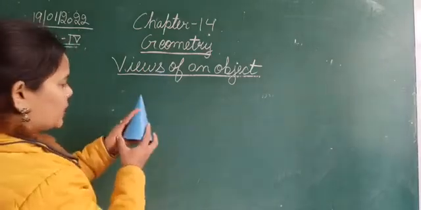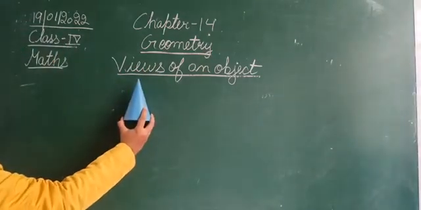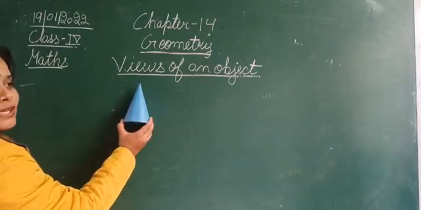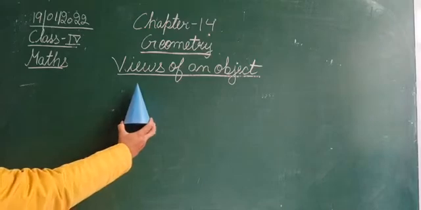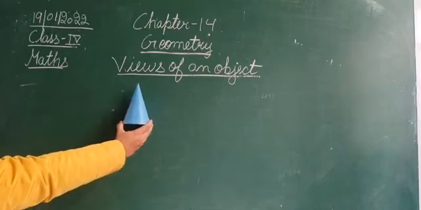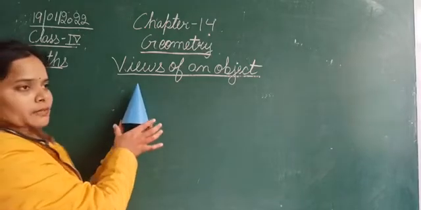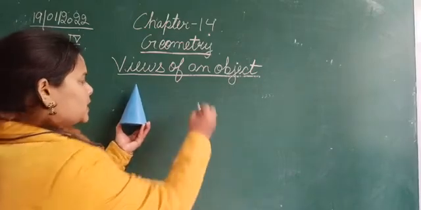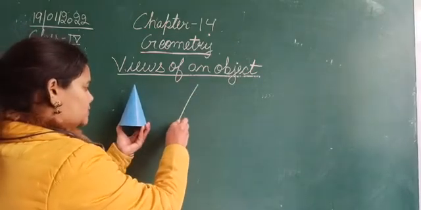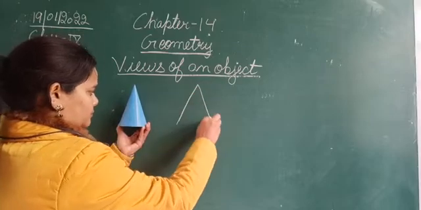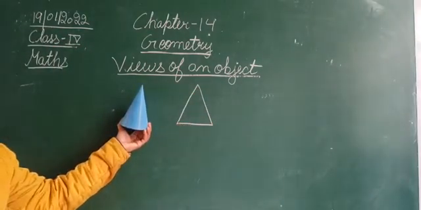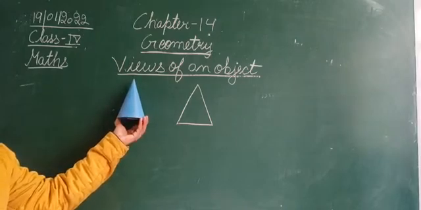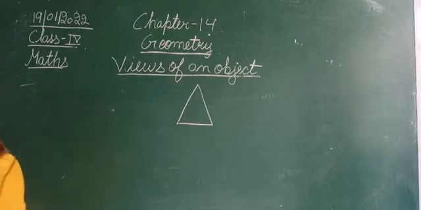But if I keep it like this, and I ask you what is the front view of this cone, what will you say? Ma'am, the front view of the cone is like a triangle. So it looks like a triangle. अगर आप इसको आगे से देख रहे हो तो ये ऐसे नजर आ रहा है. So it's a cone, but when you look at it from the front, it is looking like a triangle.